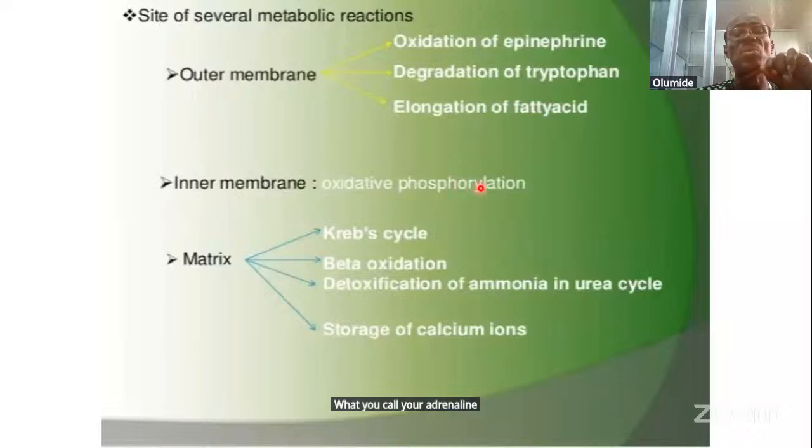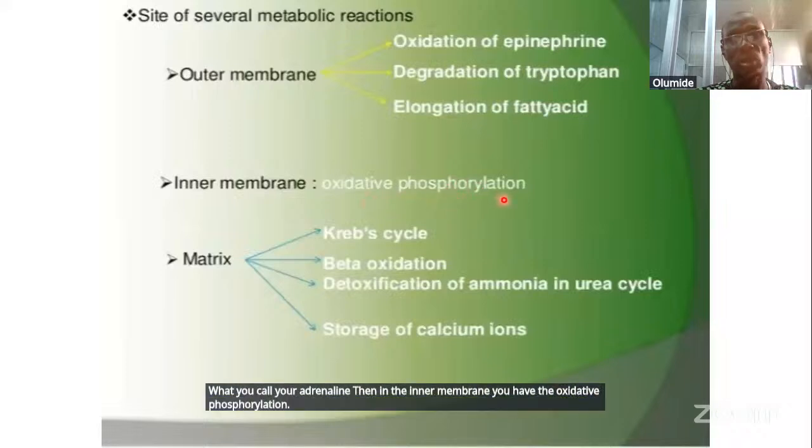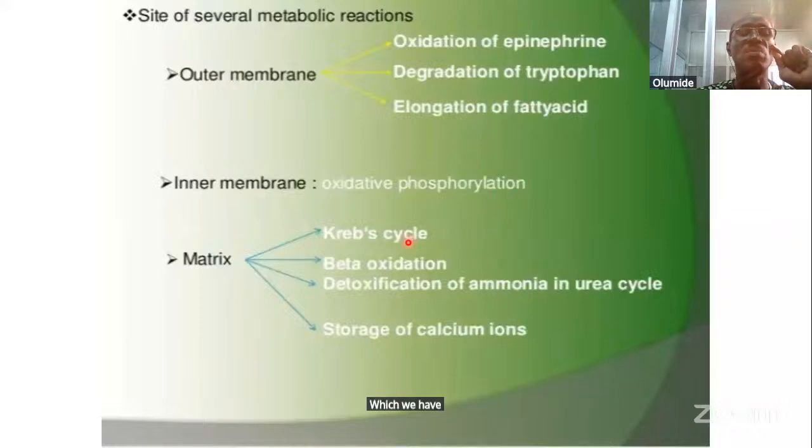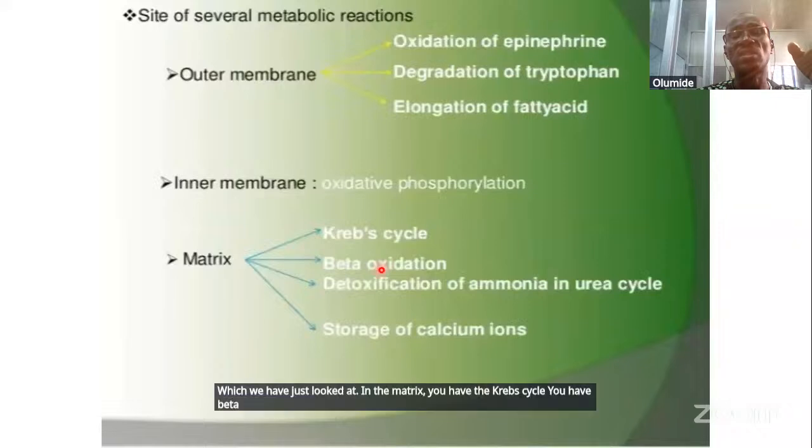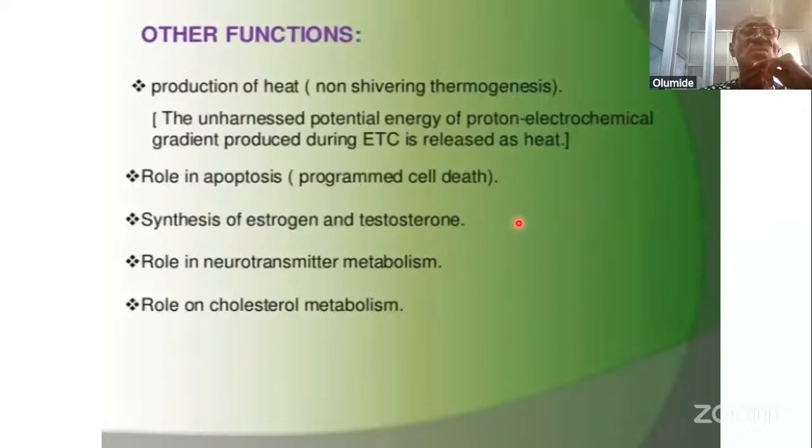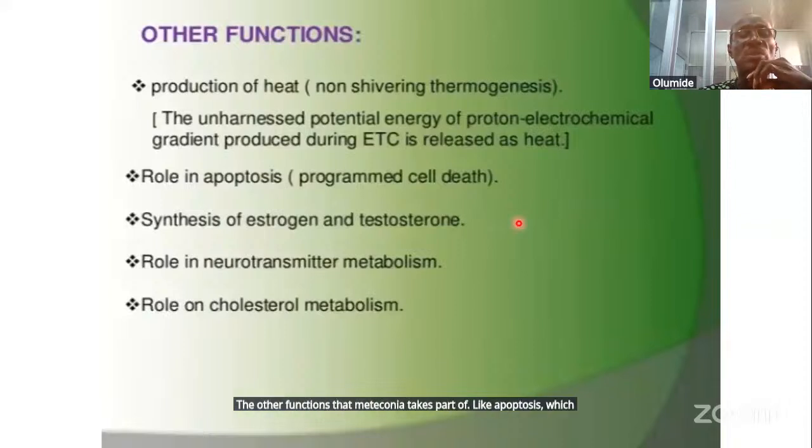Then in the inner membrane, you have the oxidative phosphorylation, which we have just looked at. In the matrix, you have the Krebs cycle, beta oxidation of fatty acids, detoxification of ammonia, and storage of calcium ions. There are other functions that mitochondria take part in, like apoptosis, which is programmed cell death.